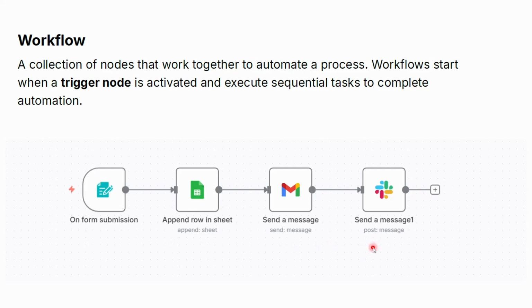Now the upcoming nodes are the normal nodes, and each node, if you look thoroughly, represents a different application. This node is basically using the application for appending a row in a sheet.